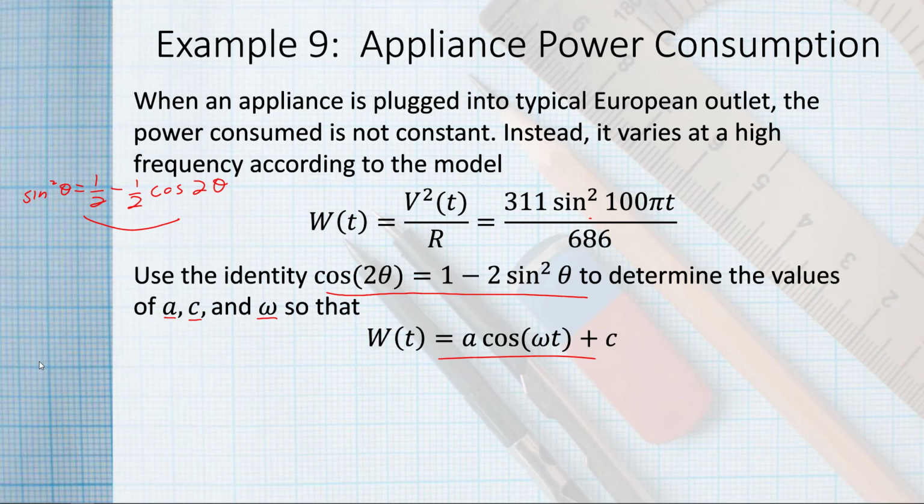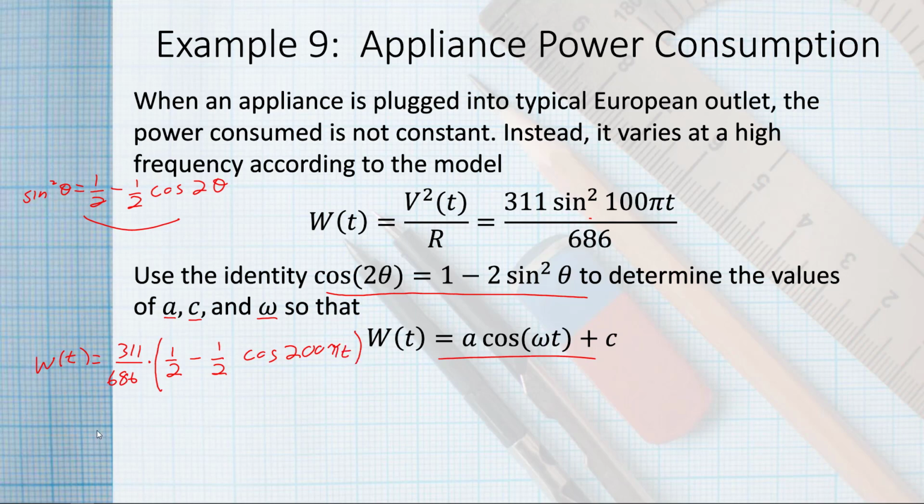And if we do, we will have that W of t is equal to 311 over 686 times 1/2 minus 1/2 cosine of 200 pi times t.